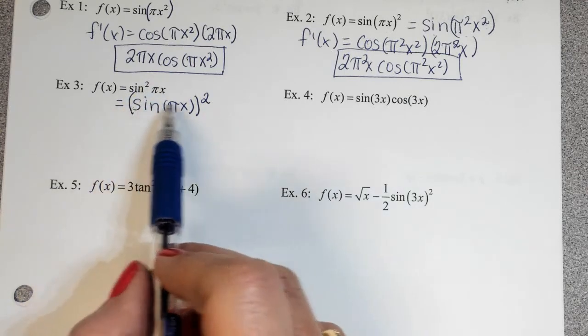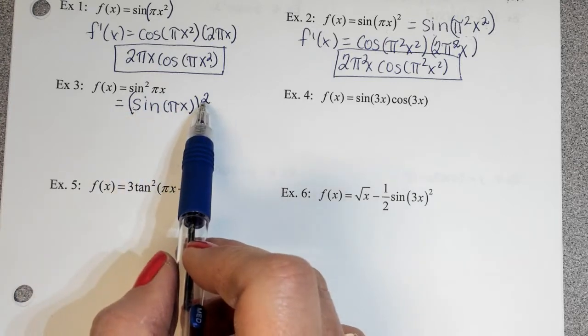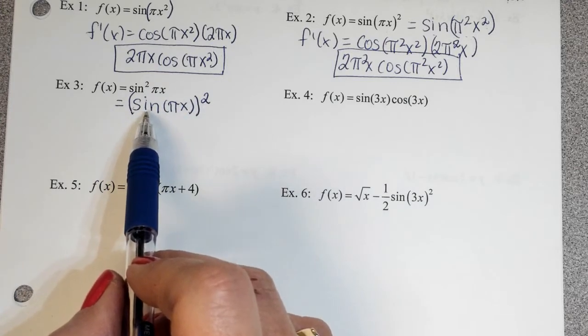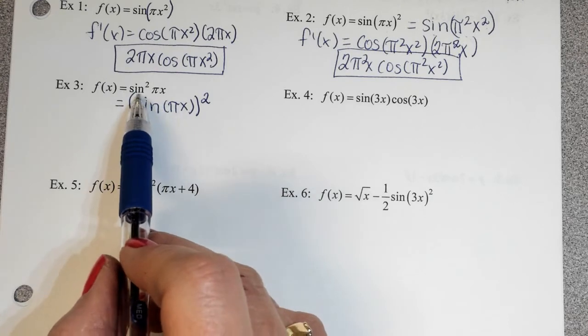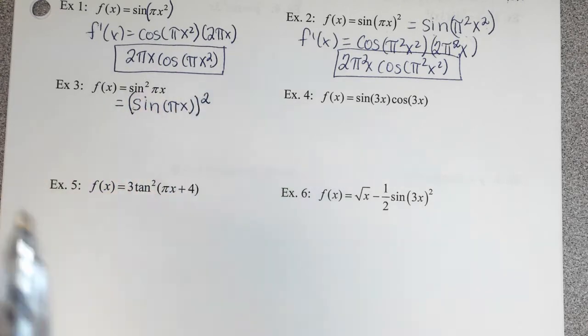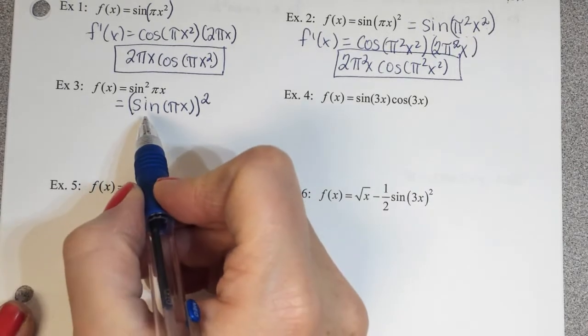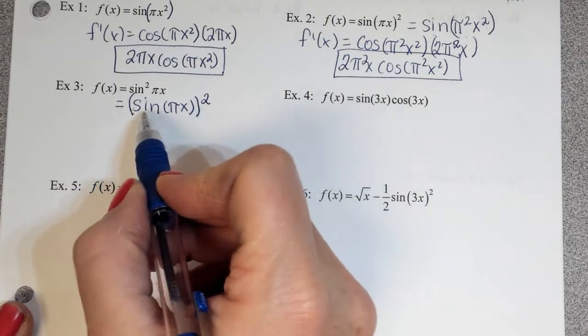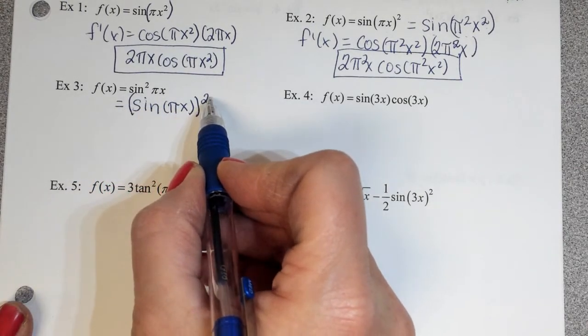So now I have to take the derivative. So how I'm first going to think of this is, here's my outer parentheses. Remember, we're working our way inside. Up to now with the chain rule, we've only had to do it twice. Now it's going to get more complicated. This is our u. So what's the derivative of u squared?